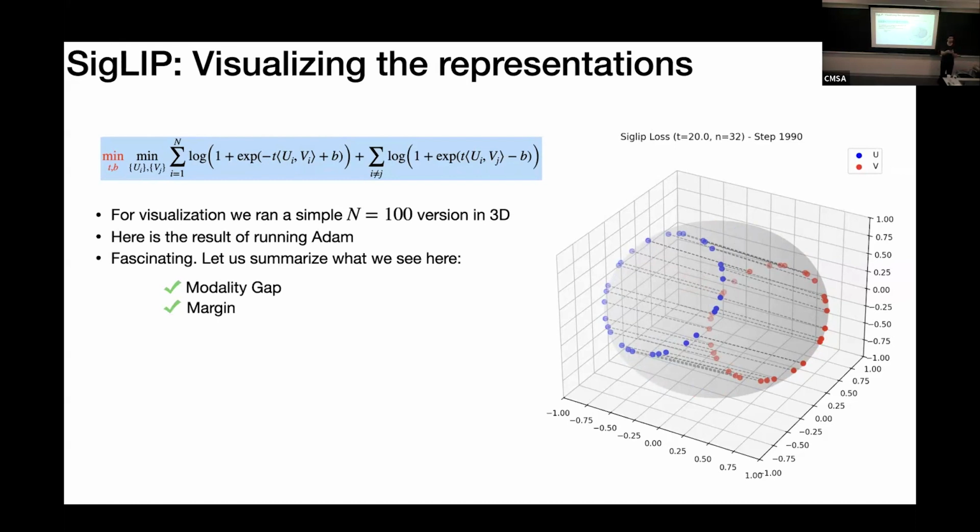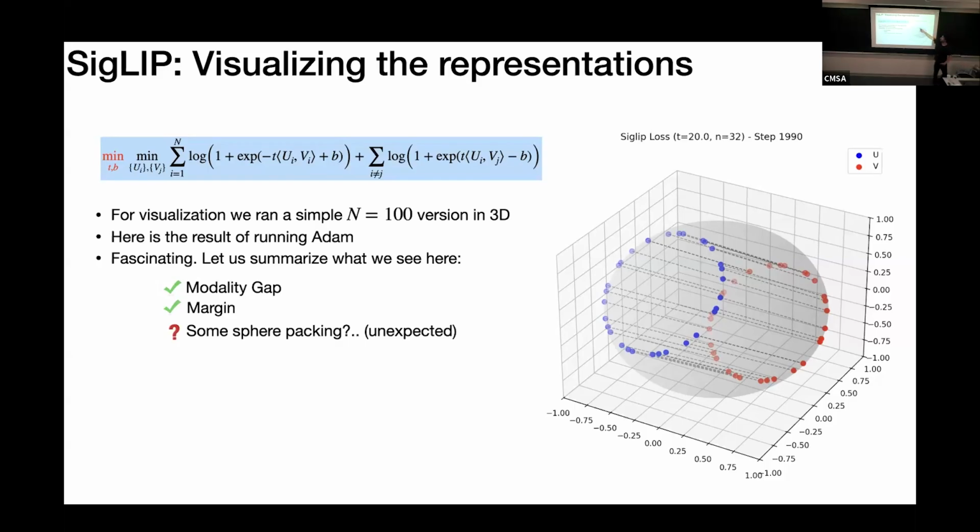It tells you that U1 V1 has a bigger inner product than U1 V3, and that separation holds for every pair. That's because this blue point is closer to this red point than any of the other red points are to this blue point, and so forth. So this does have a margin.